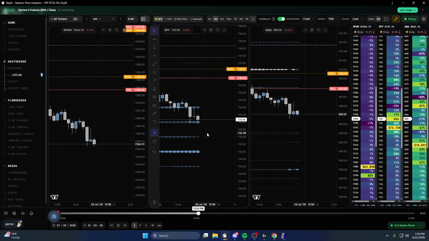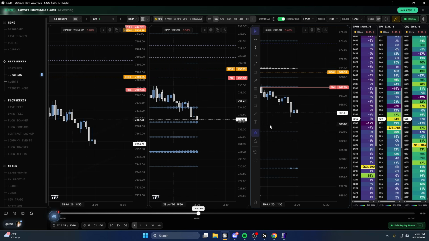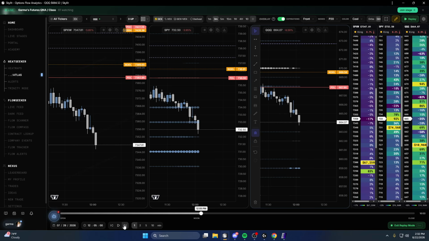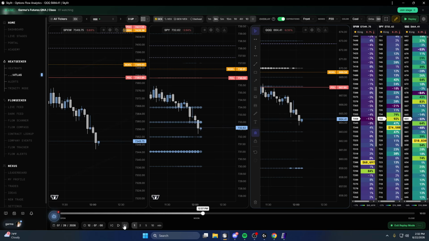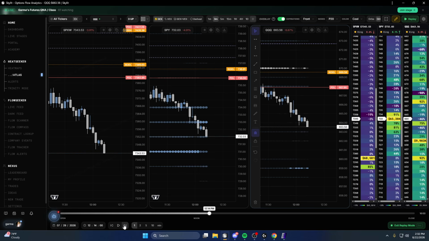We do have the 659 growing on Qs, and SPY has the 731, so we could probably look for a bounce there. I wouldn't take any setups there. That relief bounce was a nice scalpable setup I saw. See if we rug down to 731 here on SPY, and 659 on Qs.